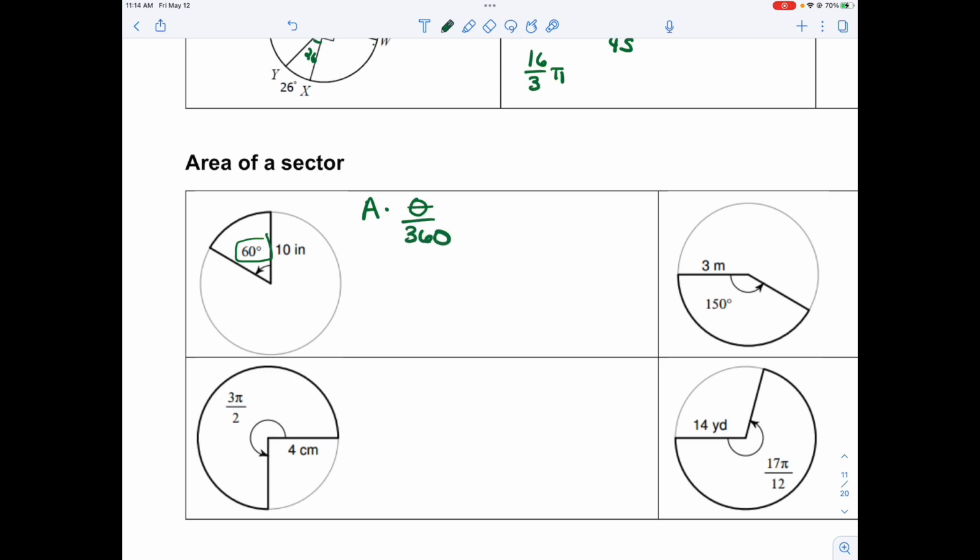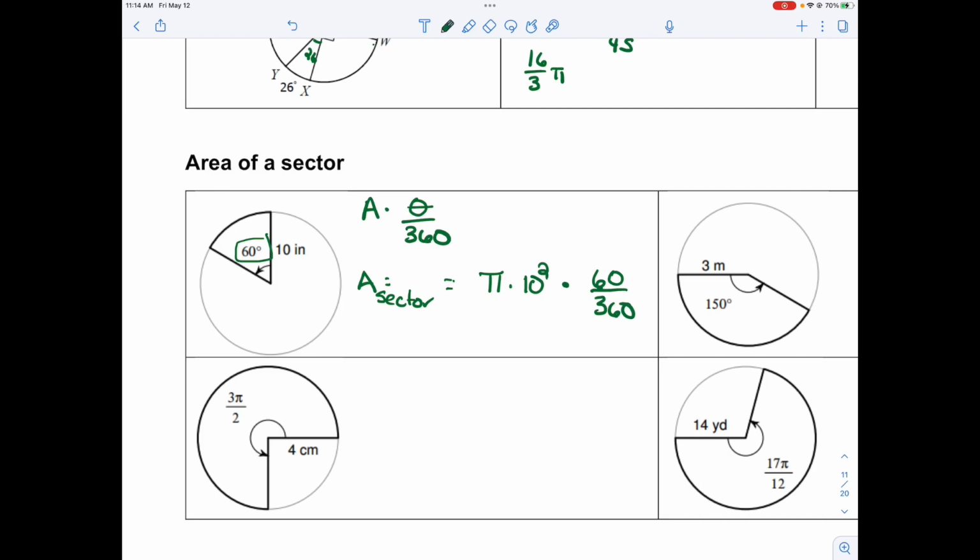So how do we find the area of a circle? The area of the sector is going to equal the area of the circle, which would be pi times r squared, which in this case would be 10 squared, and then we're going to multiply that by the angle over 360.